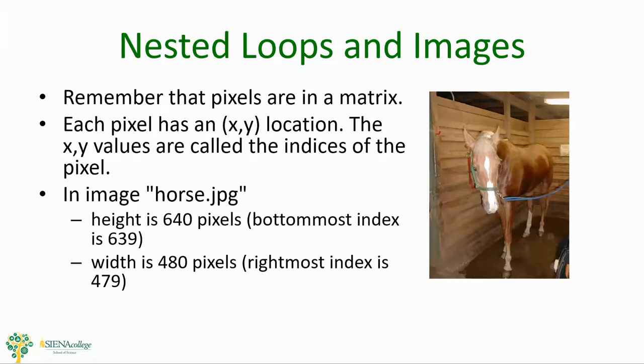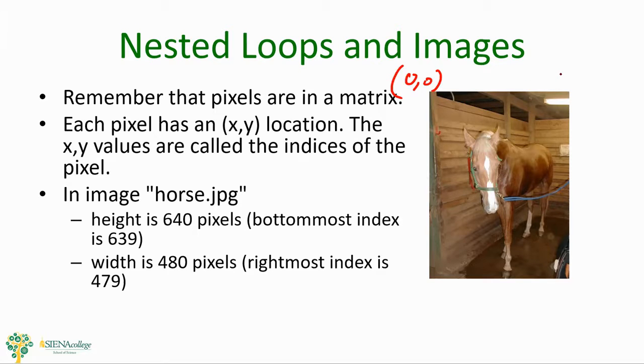Now in an image, each pixel has an XY location, and we refer to those as the indices of the pixel. Now, if this image is 640 high by 480 wide, we know that the upper left corner is going to be 0, 0.